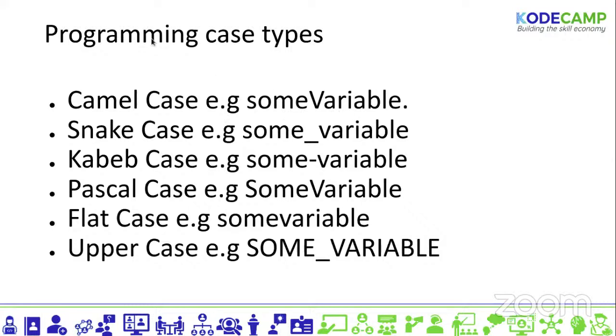First, let's talk about case types. What are programming case types? Programming case types are like a fashion or a popular way of people naming their variables. These are some ways people actually use to name their variables.